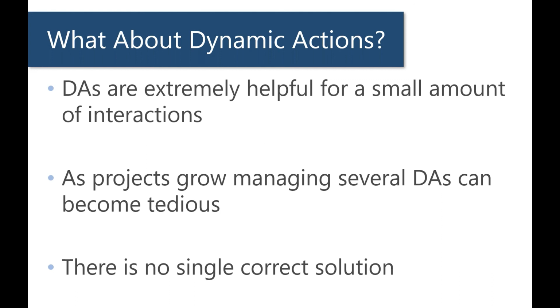The situation that can be hard to manage is when you have a dynamic action that's dependent on a dynamic action that's dependent on a dynamic action, and trying to trace that code around can be difficult navigating through the user interface, whereas it might not be as difficult to connect those dots when you're just looking at the JavaScript code itself. So of course, evaluate your situation and see what's right for you.